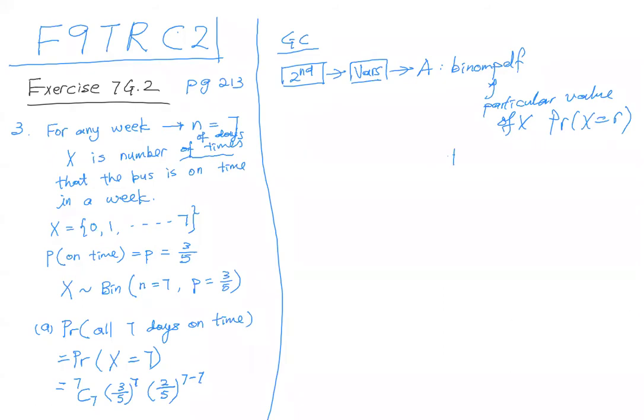Trial is 7. P is 3/5. And X value, we only have one X value, which is 7. Okay, then you will get the answer. Do you get that?